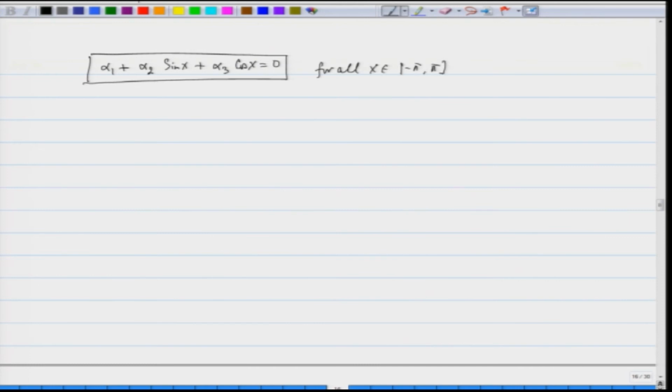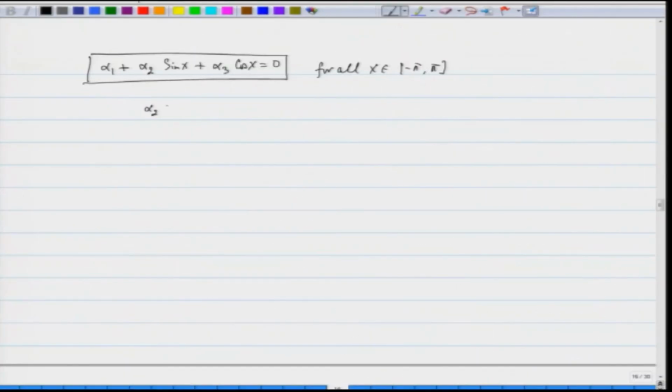There are different things we can do. It turns out that more than continuous, it is also differentiable. So, I can differentiate both sides. If I differentiate, I get alpha 2 cos x minus alpha 3 sin x is 0. I can again differentiate it to get minus alpha 2 sin x minus alpha 3 cos x is 0.